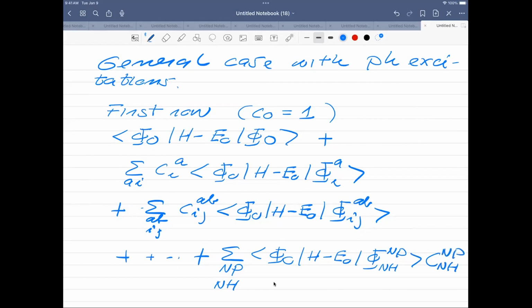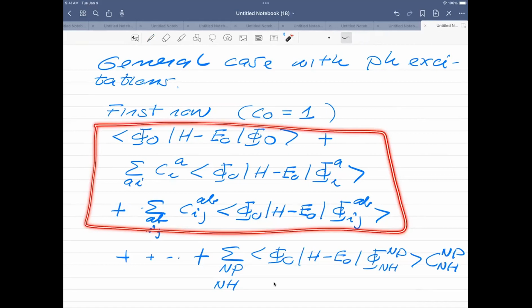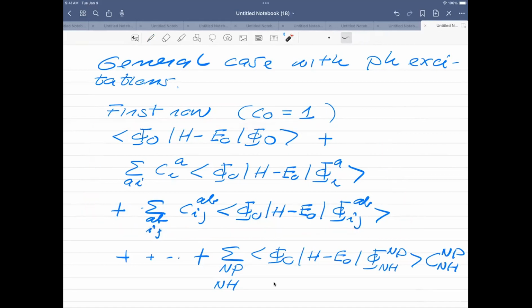Now, if I have at most a two-body interaction, then the only terms which survive are these first terms here. All the other terms, because we are linking a zero-particle, zero-hole state with a three-particle, three-hole, four-particle, four-hole state, etc., are automatically equal to zero because the states differ by more than two single-particle states.